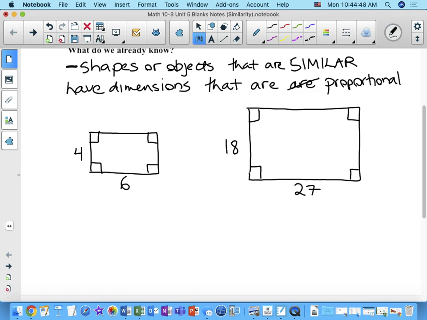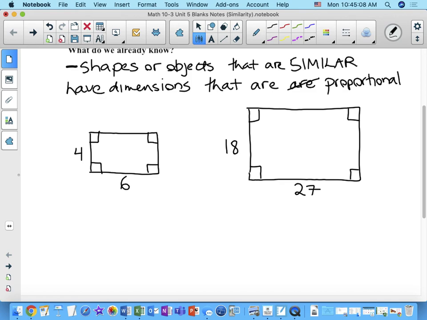Well, what we have to do is compare a few things. Within a rectangle, rectangles have specific dimensions. What dimensions do we refer to when we're looking at a rectangle? What are the two dimensions called? Yeah, length and width.